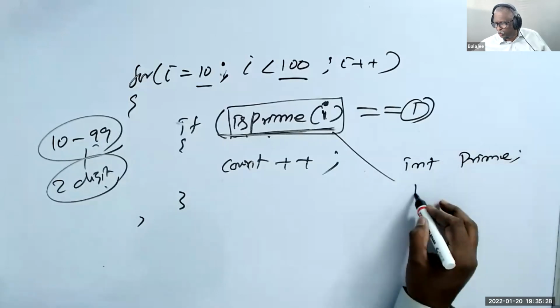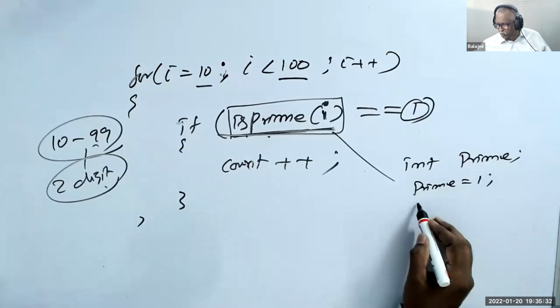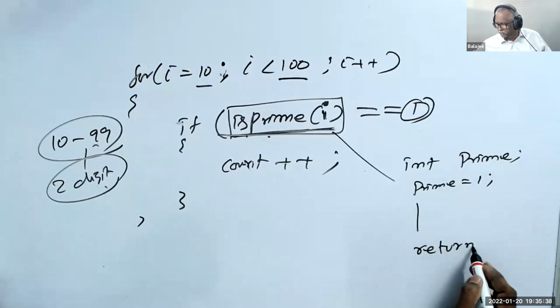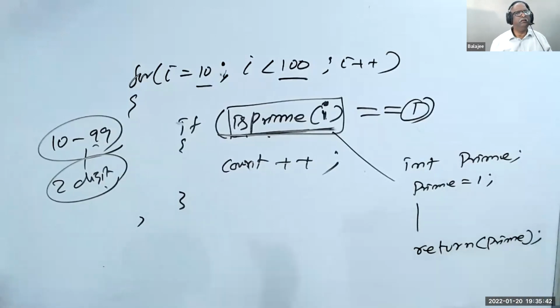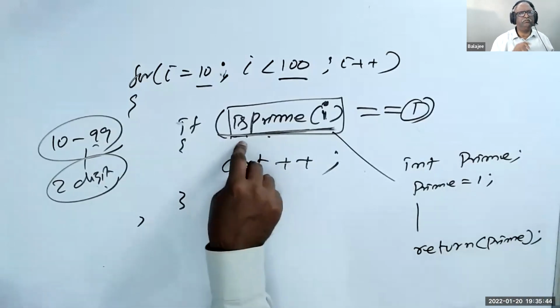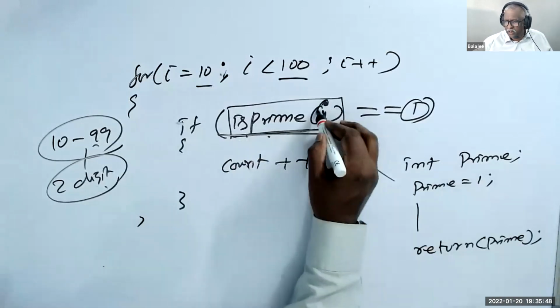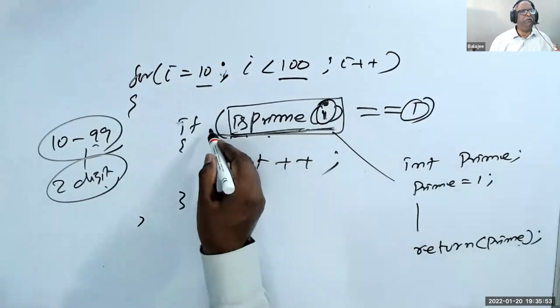You assume prime is equal to 1. Initially, in the for loop, you check whatever it is. Then finally, you return prime. So for isprime, I'm giving the number i, and he is returning whether it's prime or not.